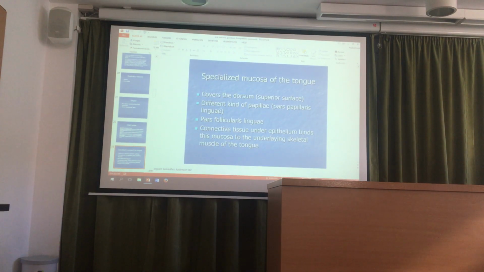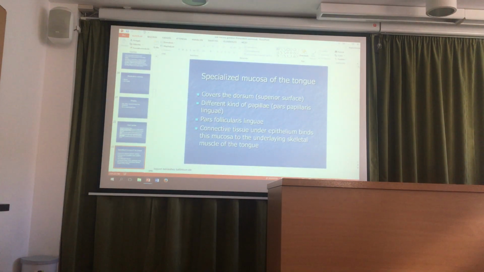It's specialized because you can find special papillae on the surface. Basically, the tongue has two parts, the pars papillaris linguae and the pars follicularis linguae. Between them you can find the sulcus terminalis. This is the border.